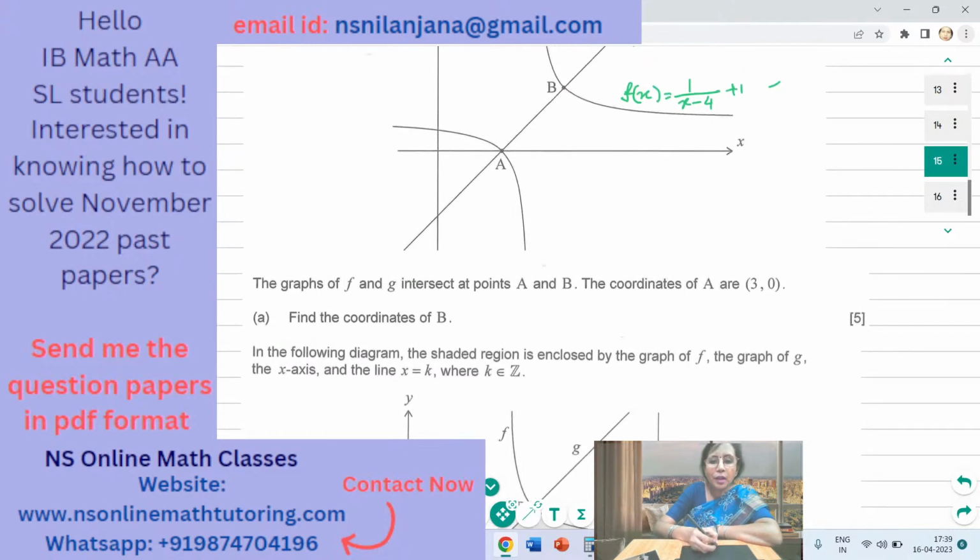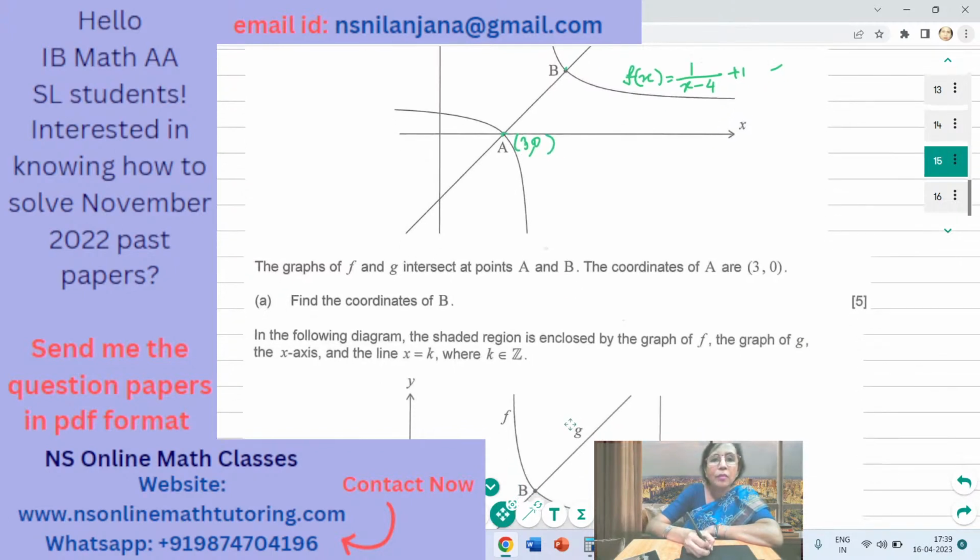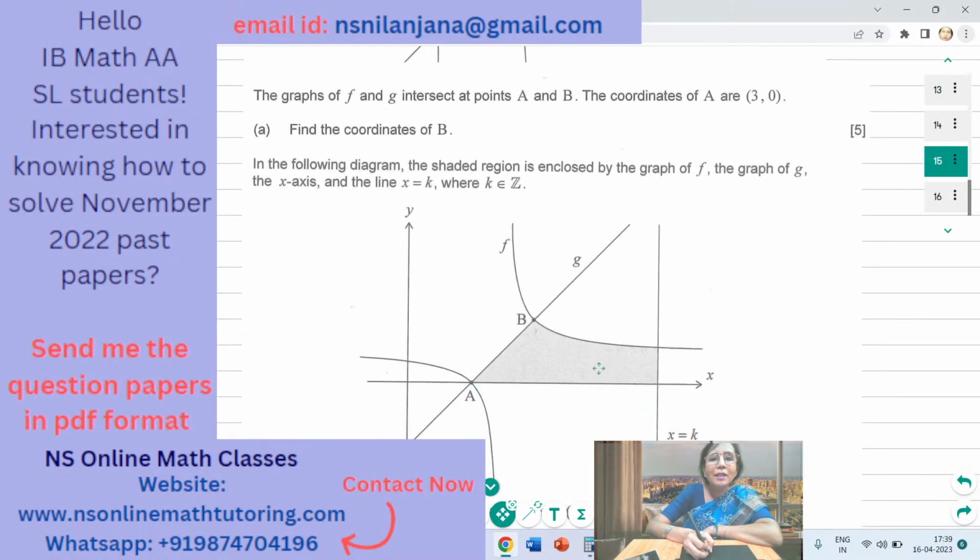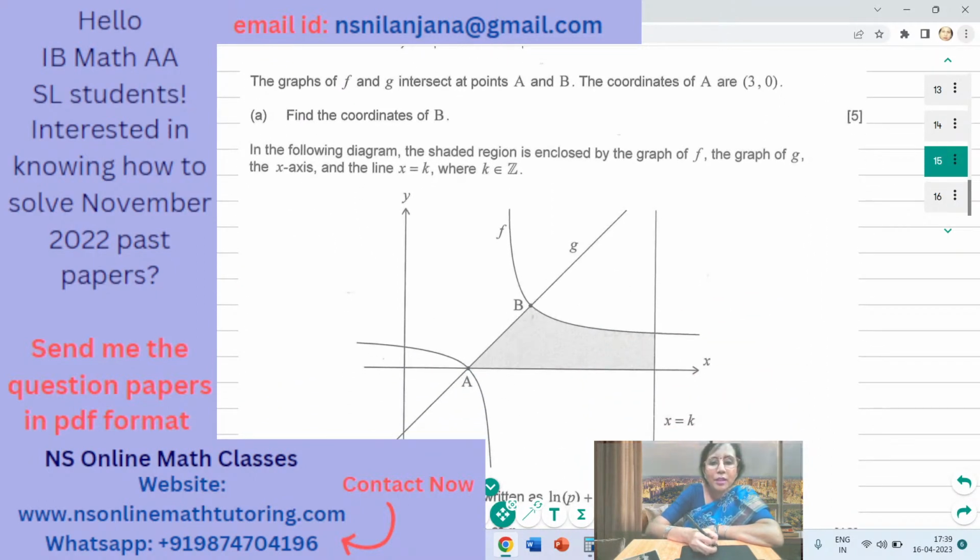See, the graphs are intersecting at these two points, A and B. And now the question, subpart A, says find the coordinates of the point B.